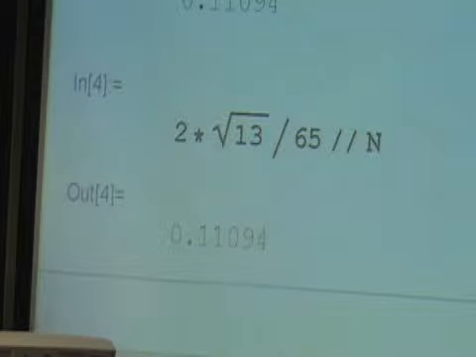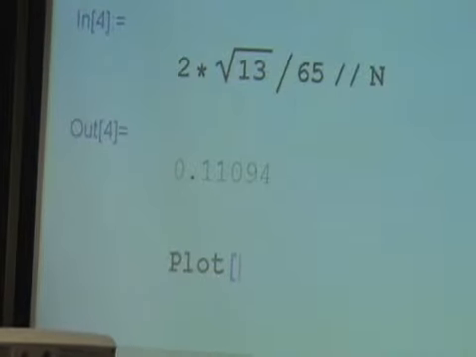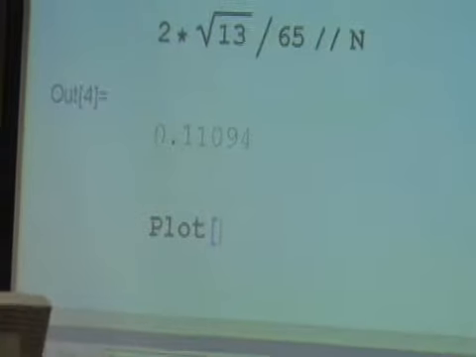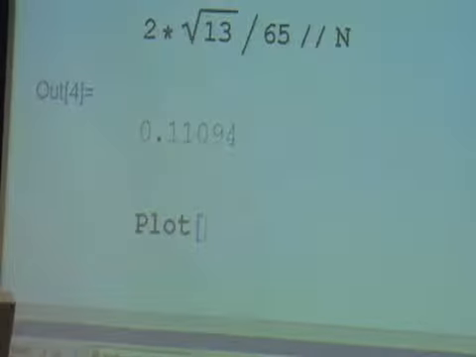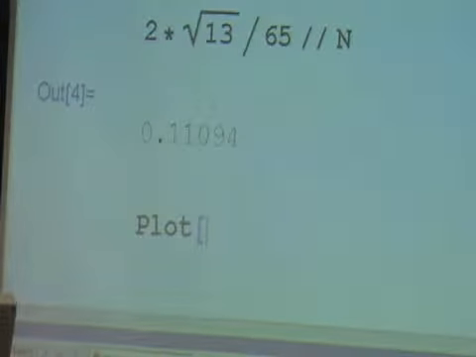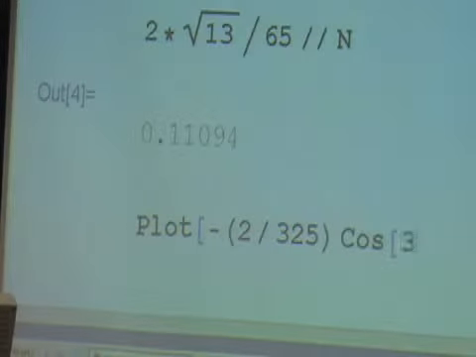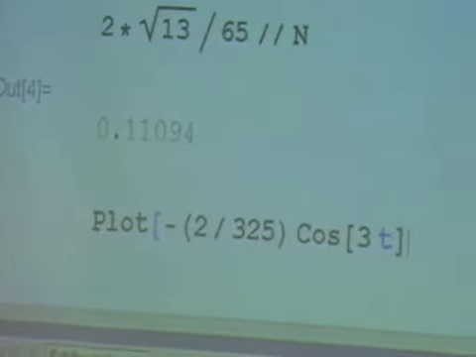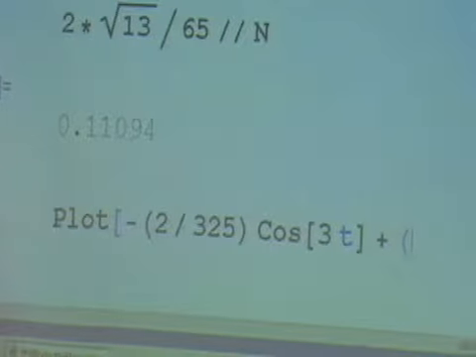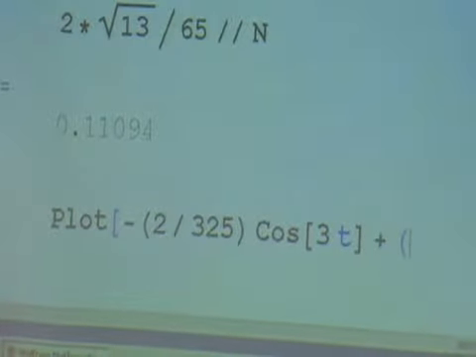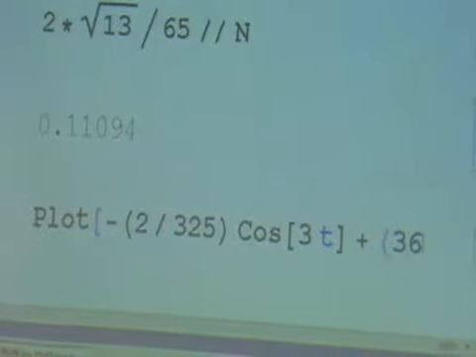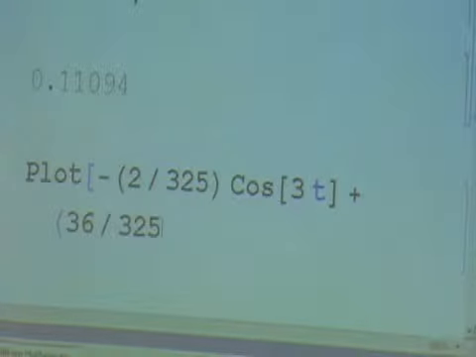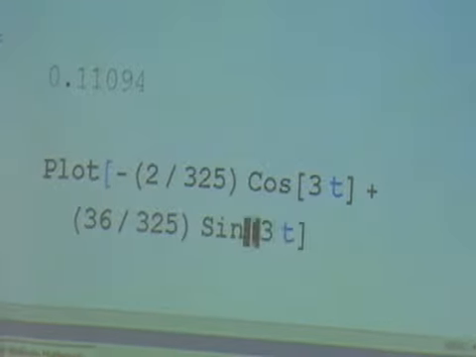But let's plot our original yp that we got a few minutes ago and see if it looks like its amplitude is about that number. So we got negative 2 over 325 cosine of 3t plus 36 over 325 sine of 3t.